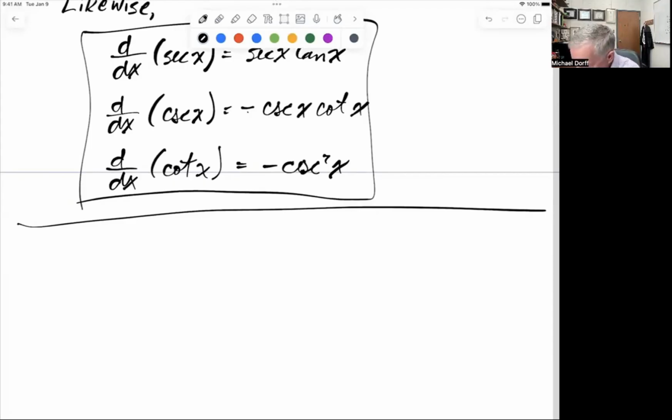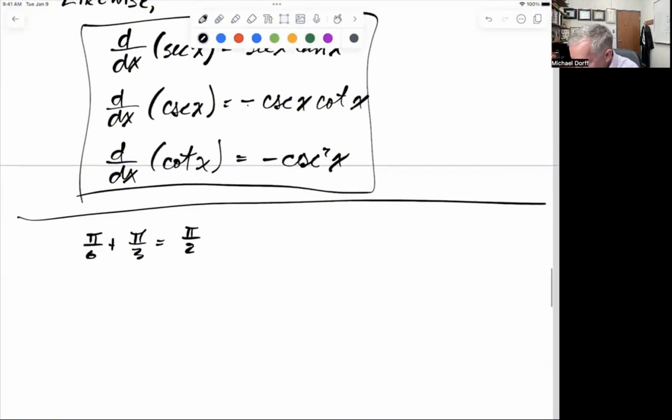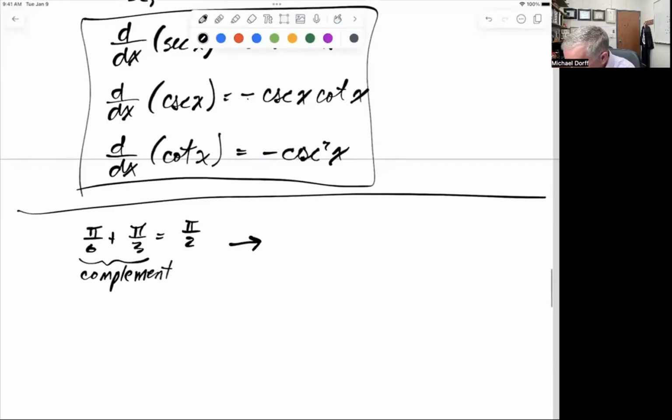So in this case, if I were to have pi over 6, then pi over 3, if I add those together, let me rewrite this here this way. If I have pi over 6 plus pi over 3, those equal pi over 2. So these are complements of each other. And what that means in terms of the trig functions is that the sine of pi over 6 and the cosine of pi over 3 are complements of it.